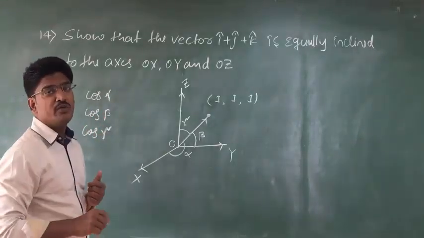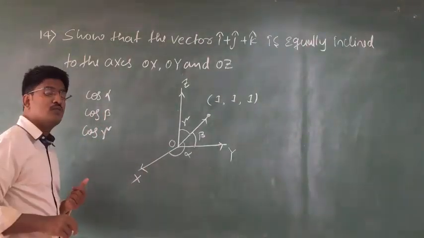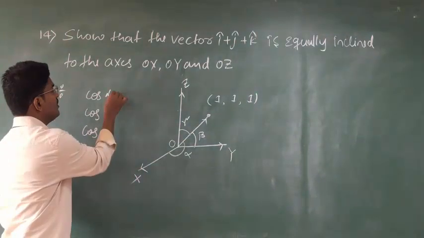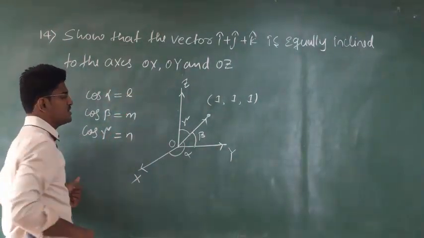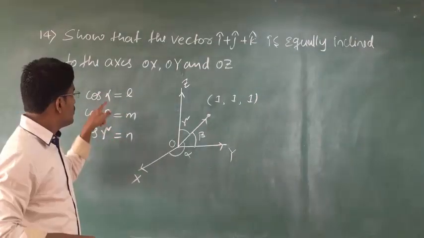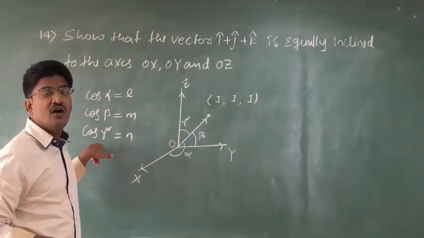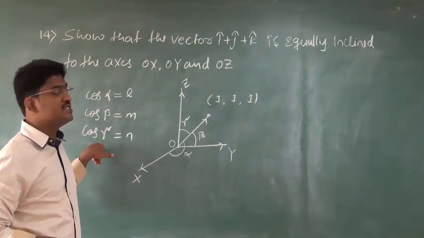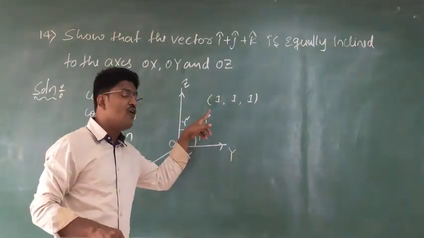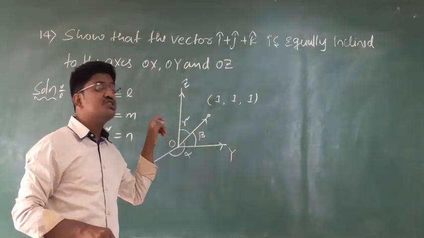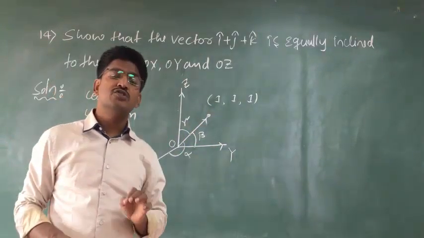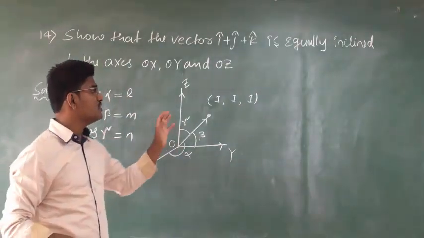Already we have solved a problem on this, and you also know the formula of cos alpha, cos beta, and cos gamma. Cos alpha is also called L, cos beta is called M, cos gamma is called N. From these three trigonometric functions, we can tell the direction of the particular point with the help of the position vector from the origin to the given point.